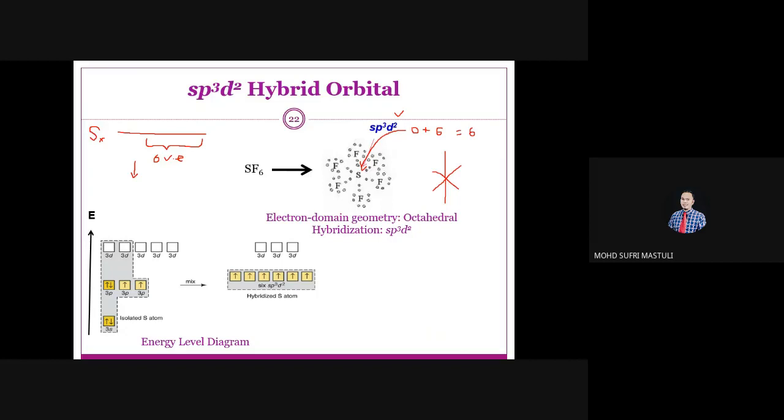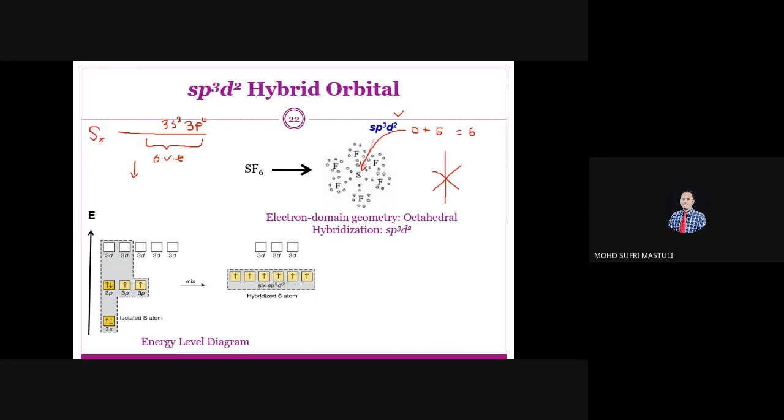The valence electrons are 3s2 and 3p4. You have to complete this first before you come to the energy diagram.